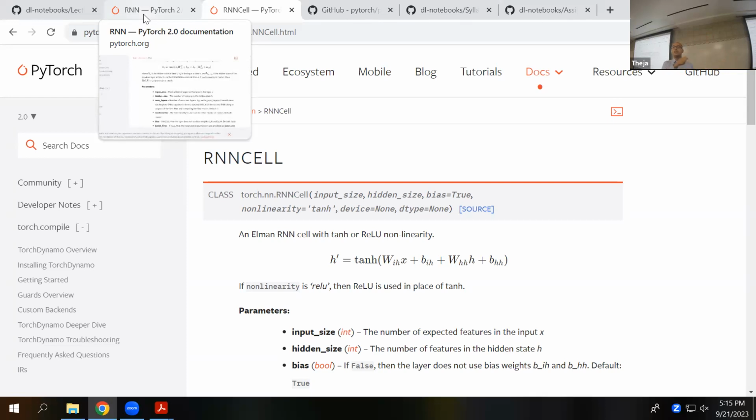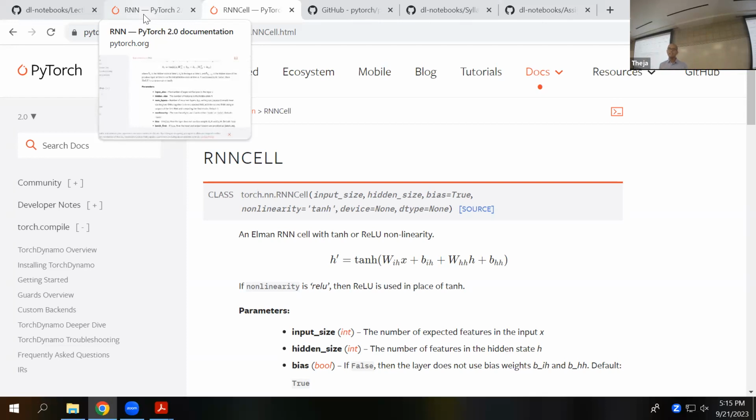So you don't have to take the first hidden output H1 and then pass it to the second RNN call and so on. As long as you give it some length input, like a 5-length input, it'll take care of passing the first hidden output to the next time step, calling the same A block basically.